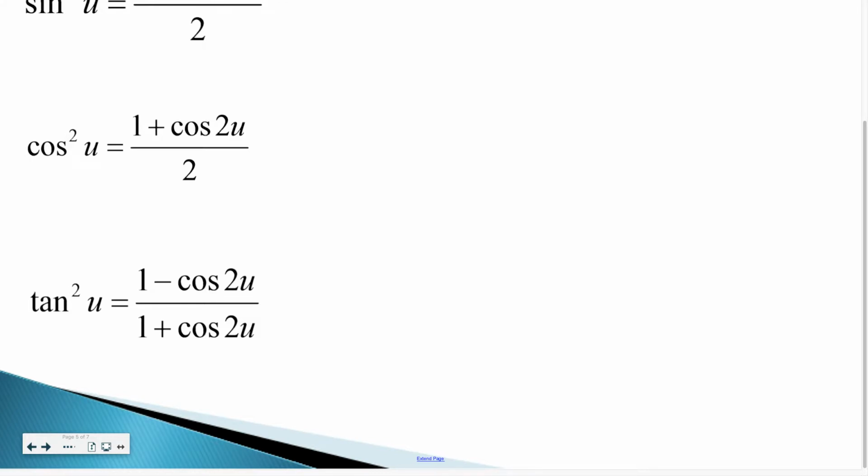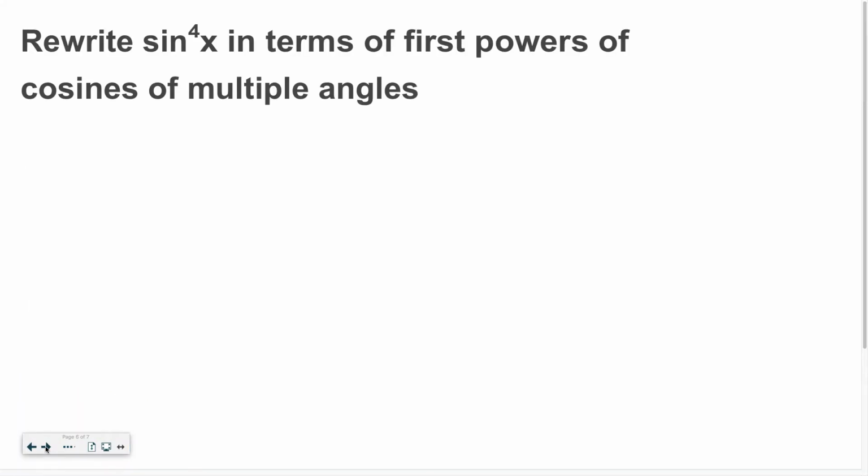Okay. So the only thing that I'm going to ask you to do with these formulas is to take an expression, and your instructions will be to write it so there's no longer a power. So this is our example. We have sine to the fourth x, and I want us to rewrite it in terms of first powers of cosines.